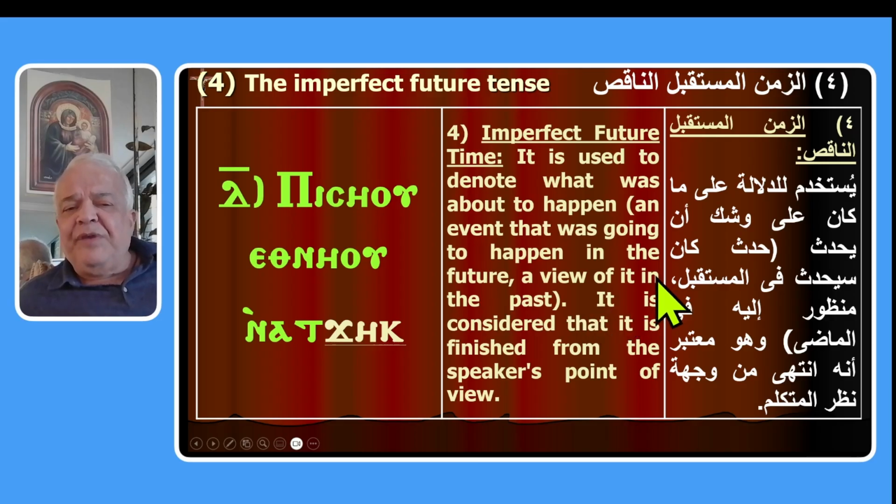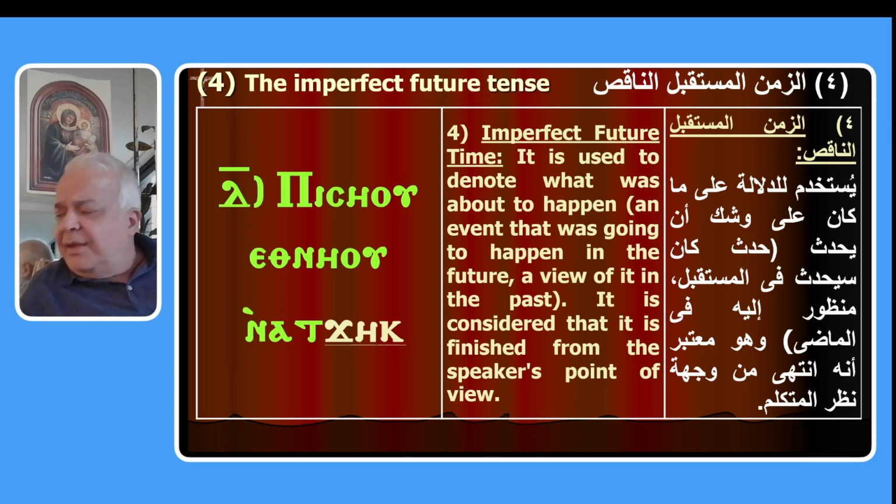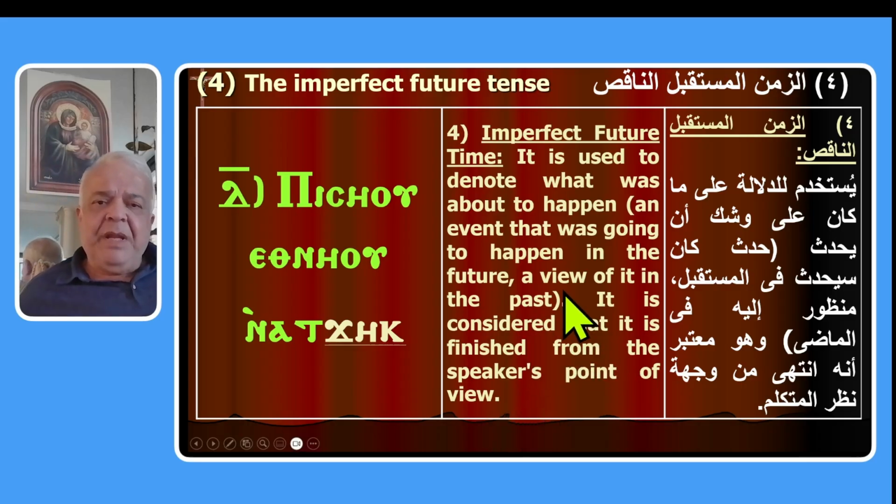A view of it in the past is not clear. It is considered finished from the speaker's point of view, which means the speaker who is prophesying is sure that this future incident may happen, but he doesn't know the details, when or where or how.